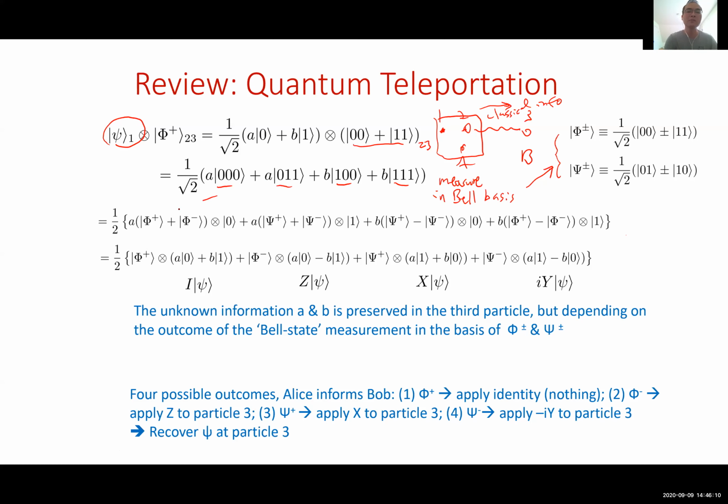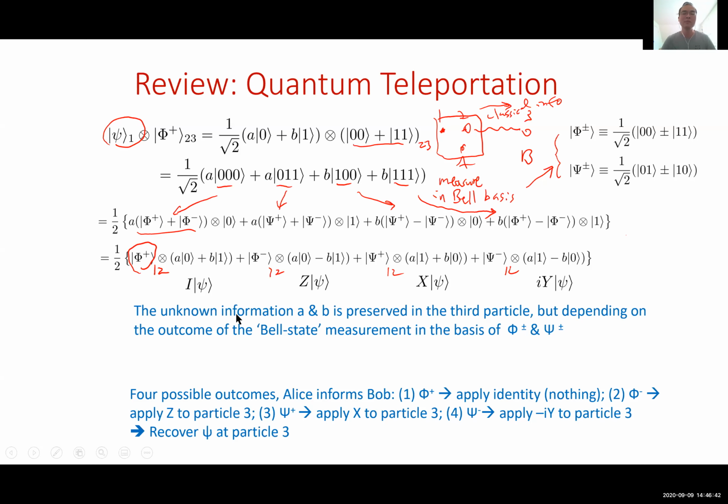So I just put 0, 0 into the superposition of phi plus and phi minus, and for the other 4 state as well. Then I collect so that 1 and 2 are in the 4 possibility, right? And what that means is the third particle state would be in either A0 plus B1 or the 3 other combination.